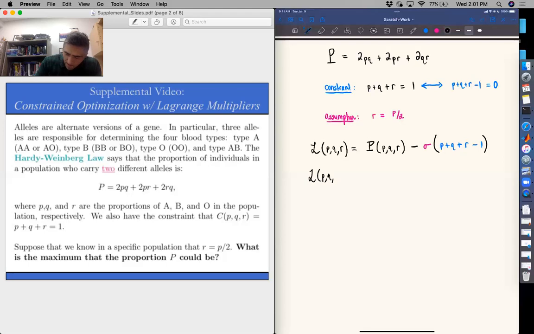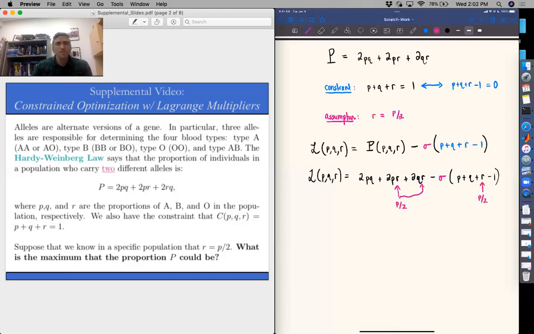All right, so I'm just going to substitute what we know so far. We'll do some arithmetic cleanup in a moment. So capital P is equal to the sum of p times q plus p times r plus 2qr. And we subtract off sigma, our Lagrange multiplier, times that constraint, p plus q plus r minus 1. Now, everywhere there's an r in the equation, we're going to substitute that with p over 2.